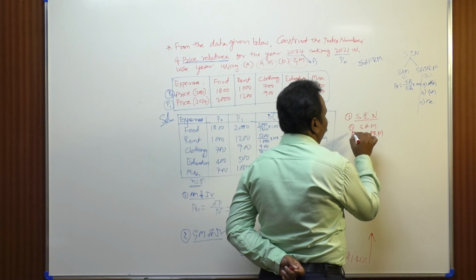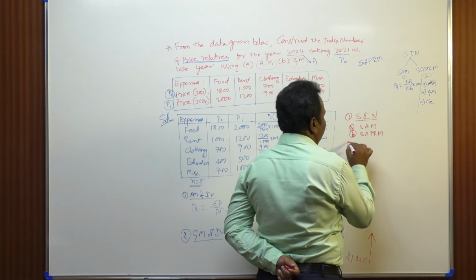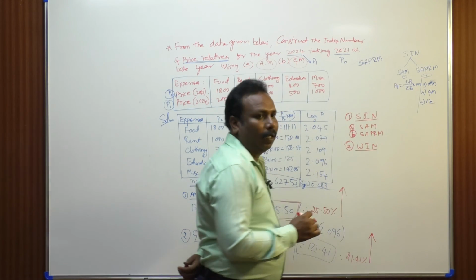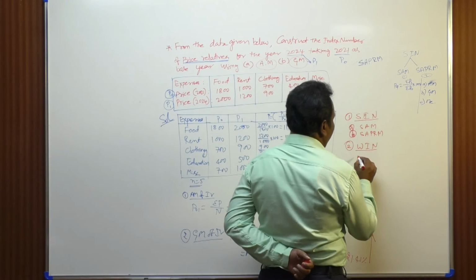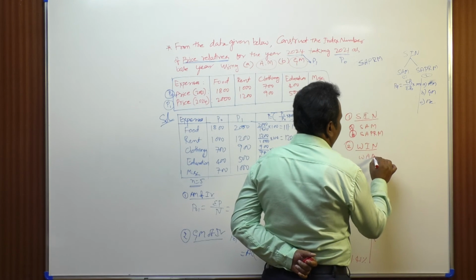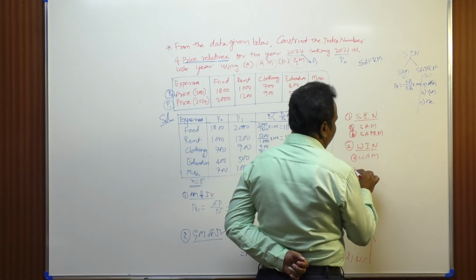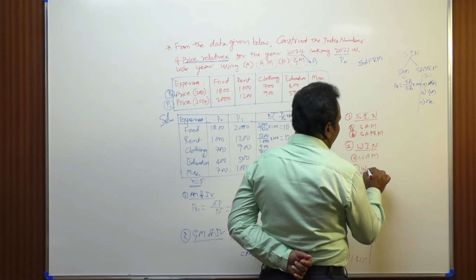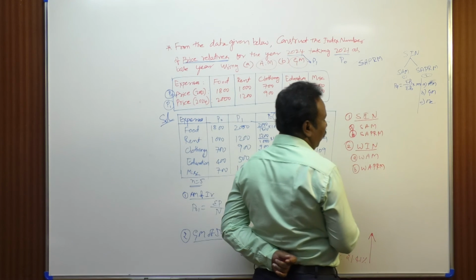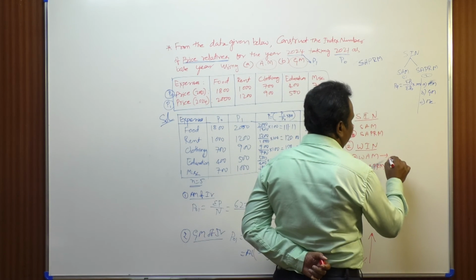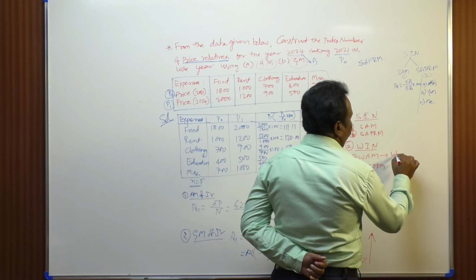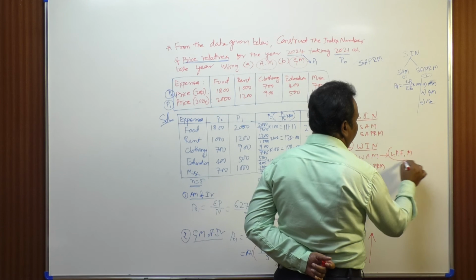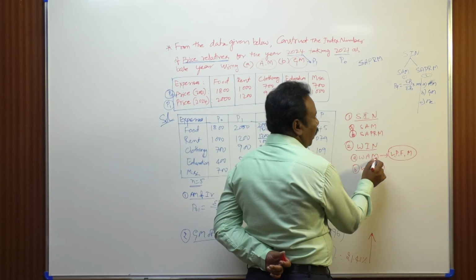Under the second main type, the weighted index number, various methods can be identified: the weighted aggregate method, number A, and number B, the weighted average price relatives method. Under the weighted aggregate method, Laspeyres' method, Paasche's method, Fisher's index method, Marshall's method, and like that various methods can be identified.